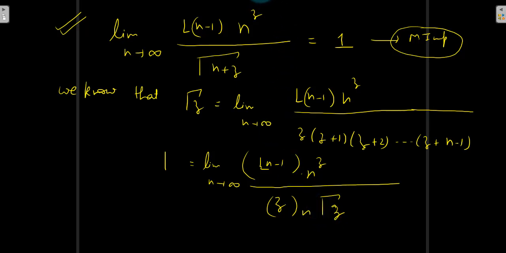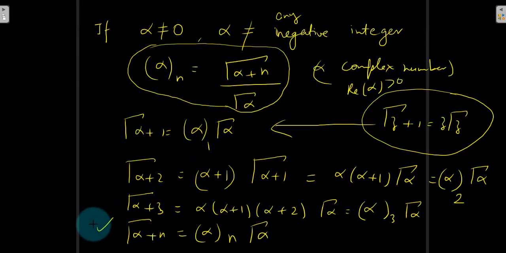And we just proved in the previous slide that alpha factorial n times gamma alpha is nothing but gamma of alpha plus n. You can directly use it there, because alpha is any complex number. So here if you write z factorial n gamma z, you will get gamma of z plus n.